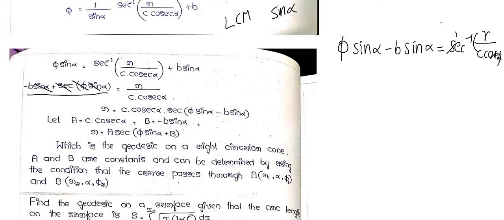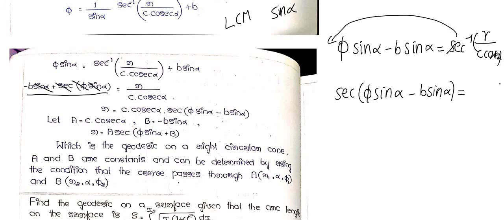In the next step, secant goes to this side as secant alpha. So we get LHS as secant of phi sin alpha minus b sin alpha. In the RHS we have only r by c into cosecant alpha.